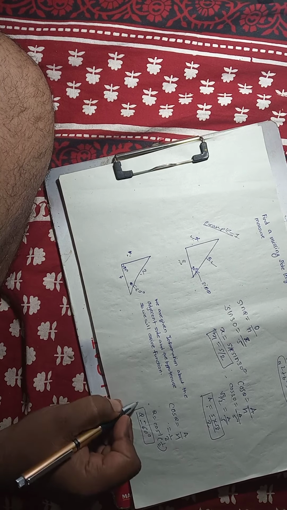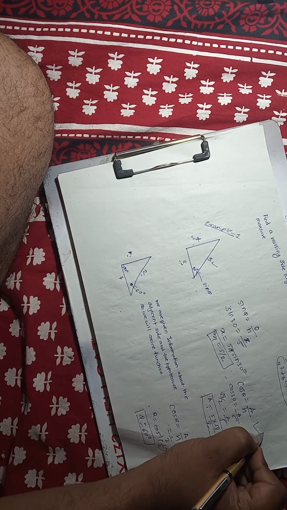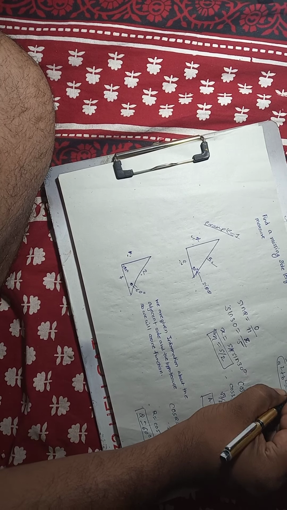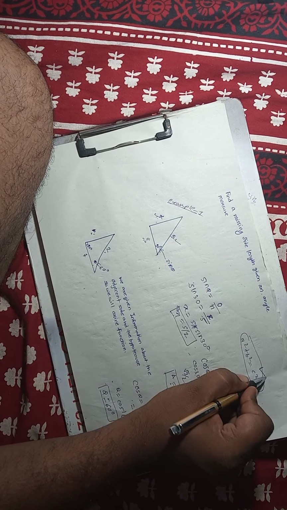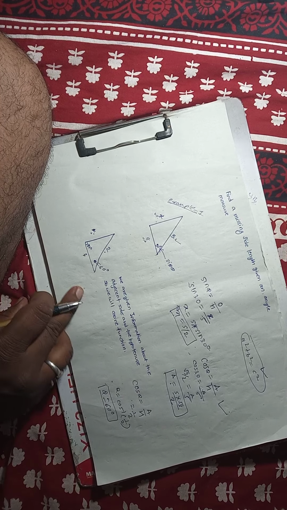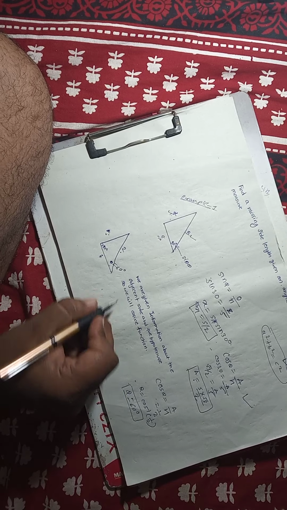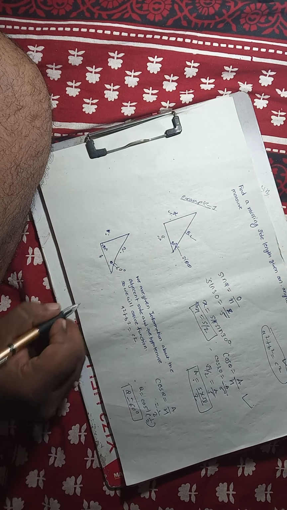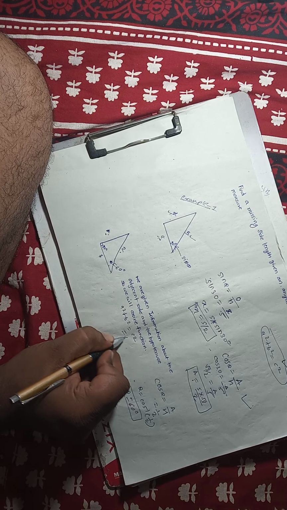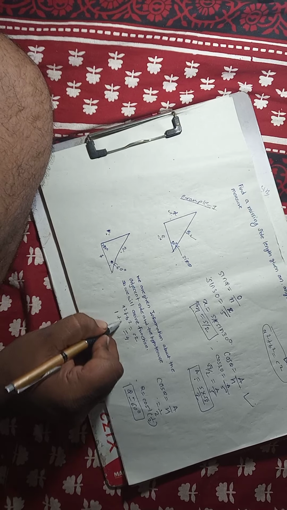So both ways we can calculate. In the above example, with the help of another trigonometric function we calculated this value. Now with the help of the Pythagoras formula we will calculate the value of the opposite side. So in this case a square plus b square is equal to c square. So c square is 4, a square is 1, and b square is unknown.